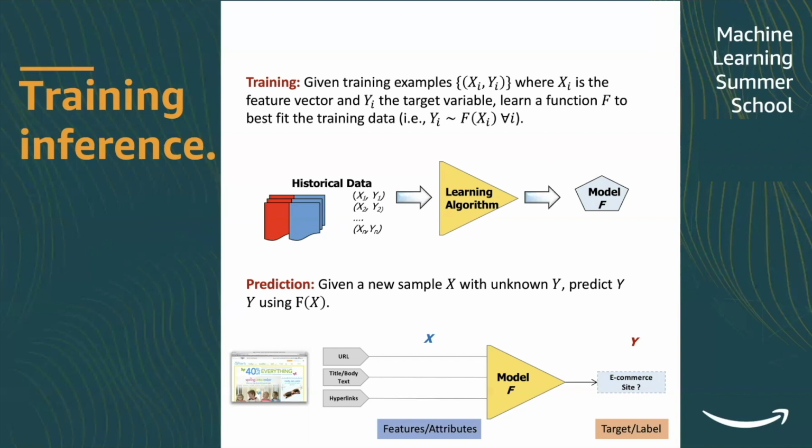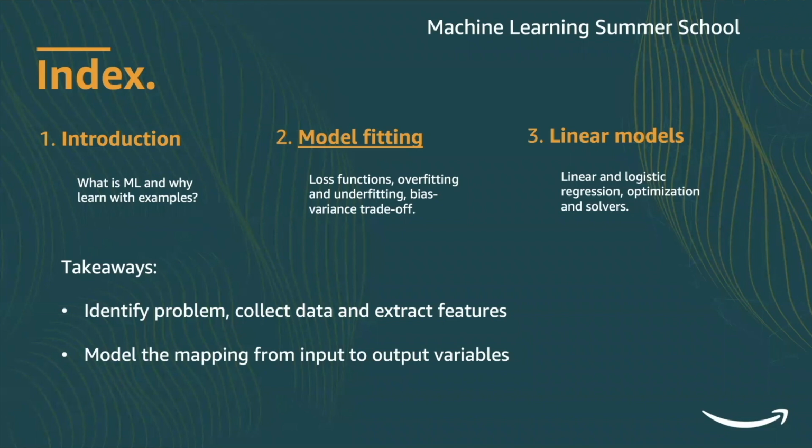And we will revisit this in a few slides. But I just want you to note here that the distinction between training sample and test sample is very important, and it's really performance on the test sample that really matters to us. The takeaway is that you identify the problem and ensure you collect the right data.